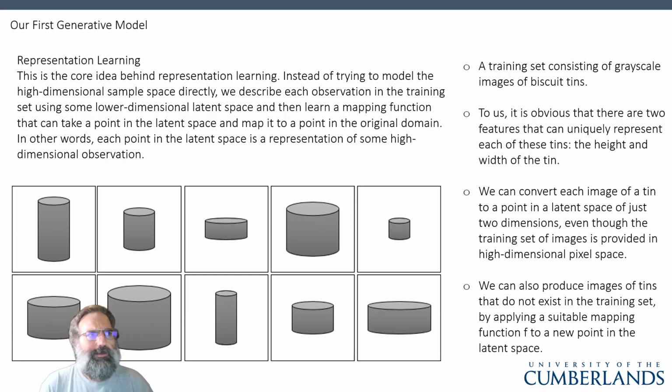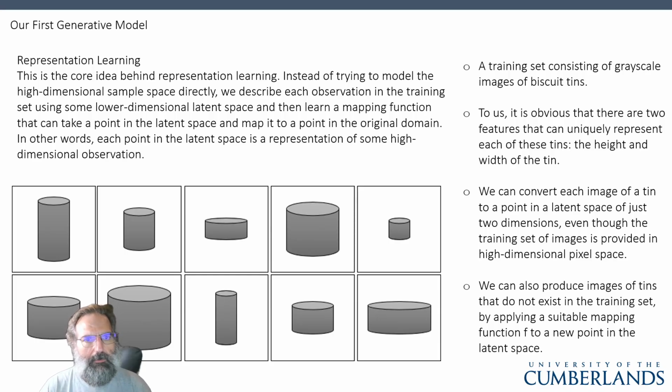So when we talk about the idea of representation learning, this is a way of trying to model higher dimensional things in a simpler way. And so we may do something where we describe them in a lower dimensional way. So here we're dealing with relatively simple objects with some lines and some grayscaling to denote surfaces, right?